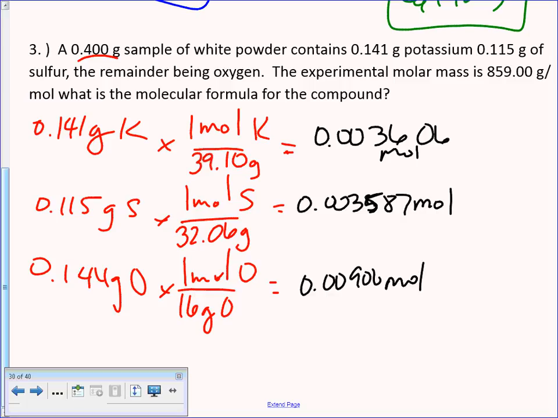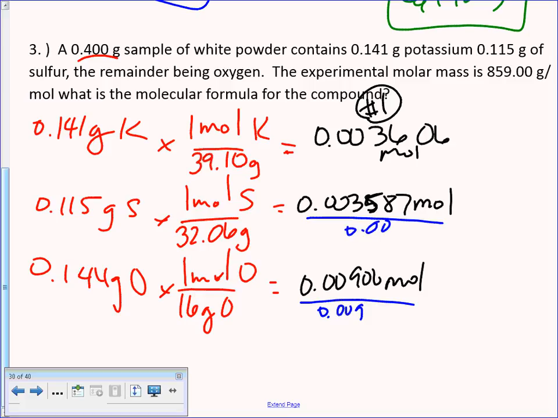So what essentially have we done for empirical formulas? We've gotten step 1 done. I know this is one step, but make sure you show me units and stuff, because I don't want you to forget that after this, we need to now do what with it? Divide. So we're dividing by smallest. Who's smallest? Divide by 0.009.